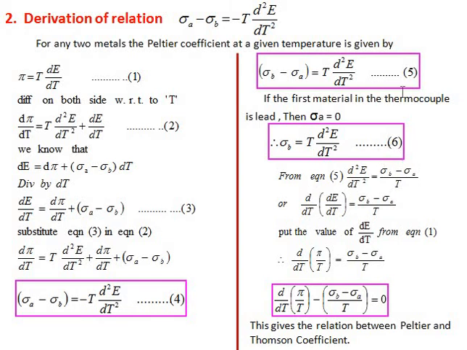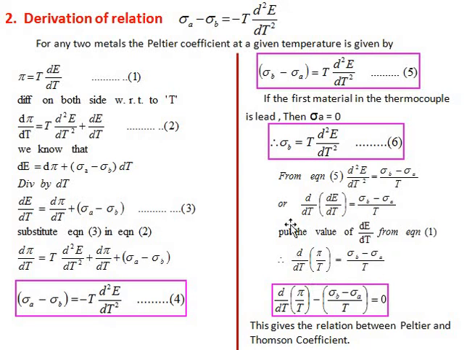Now from equation 5, d square E by dt square is equal to (sigma B minus sigma A) divided by T, that is, we take T to the denominator. So we rearrange d square E by dt square as d by dt into bracket dE by dt, which is equal to (sigma B minus sigma A) divided by T. Put the value of dE by dt from equation 1.